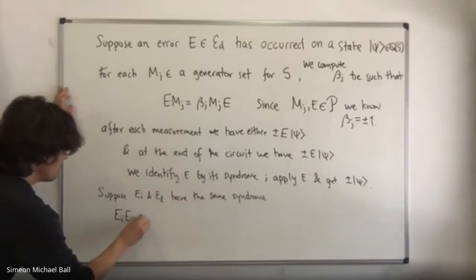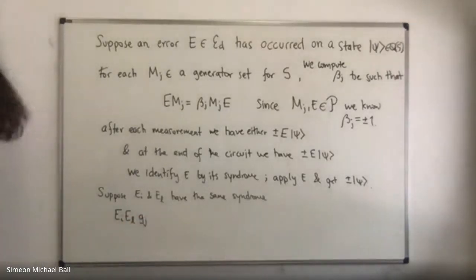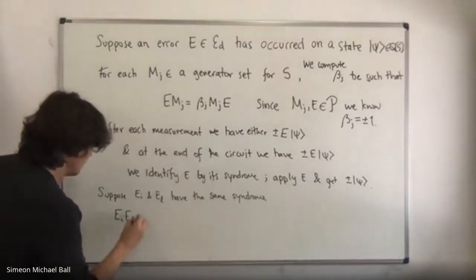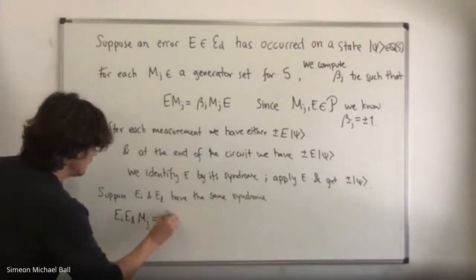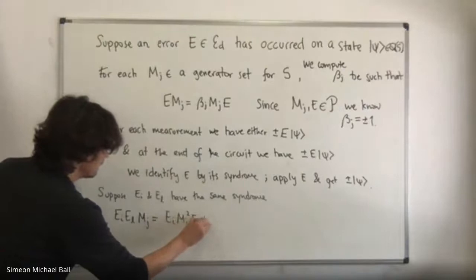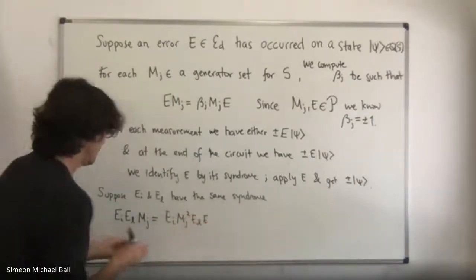So let's calculate Mj Ei El Mj. Okay, so that's Mj Ei Mj squared El Mj.